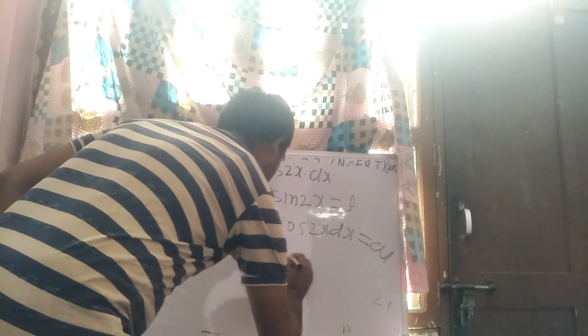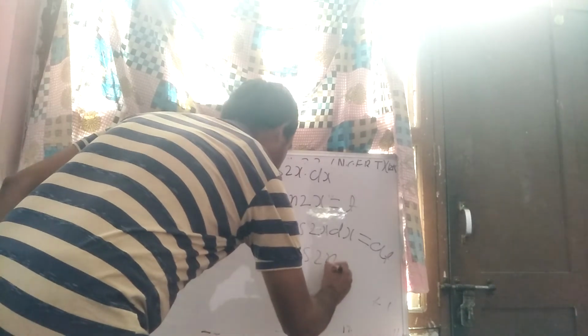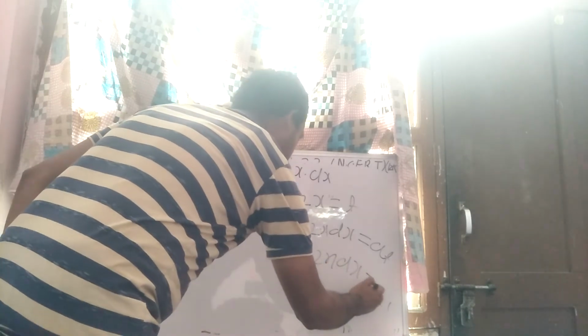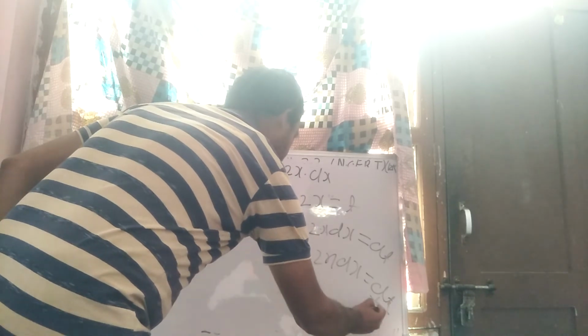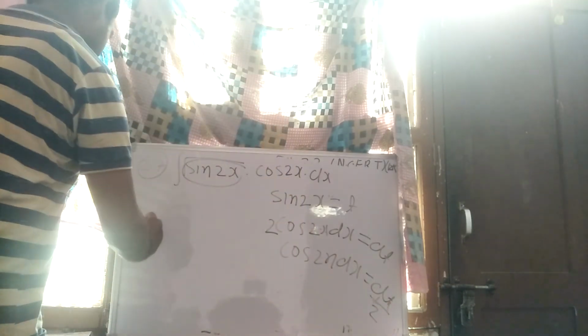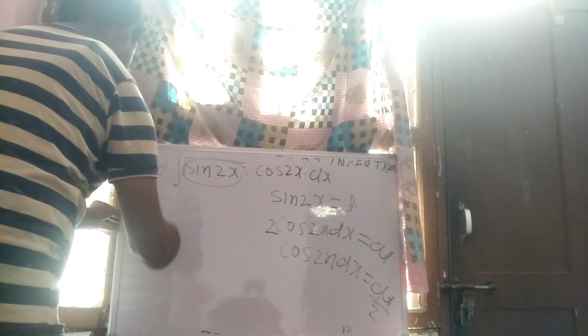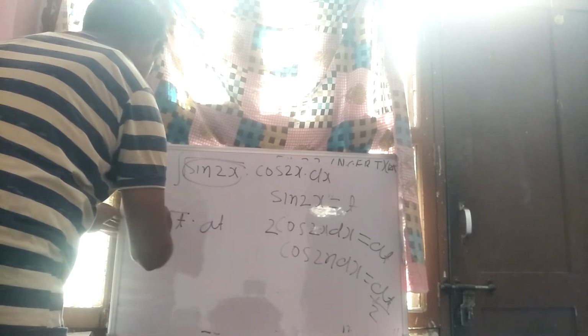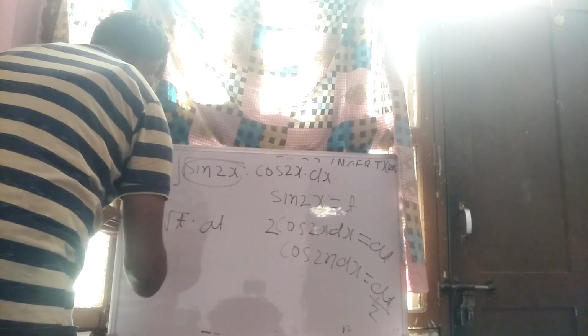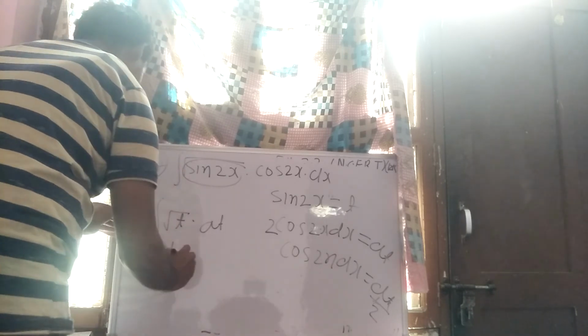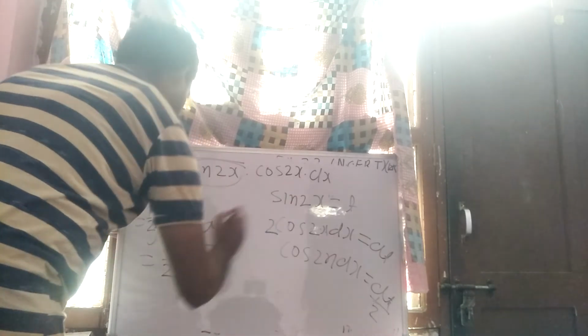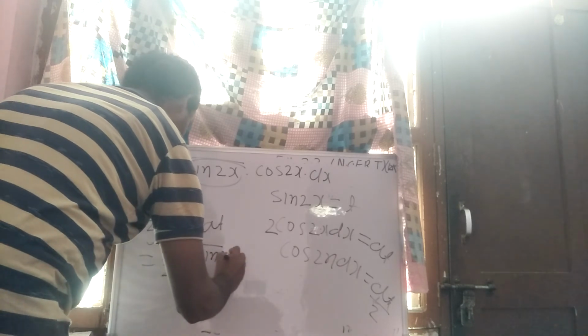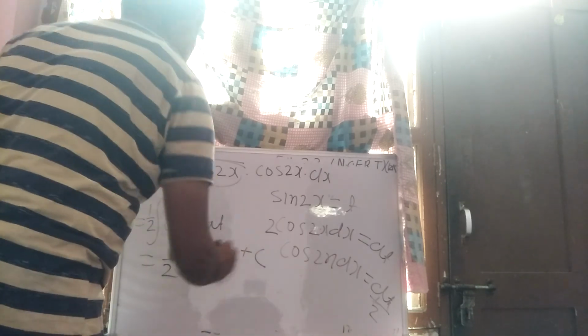This means cos 2x into dx equal to dt upon 2. We also substitute here: root t into dt upon 2. 1 upon 2 is here, and also write 1 upon 2 root t. So t means sin 2x, and plus c.